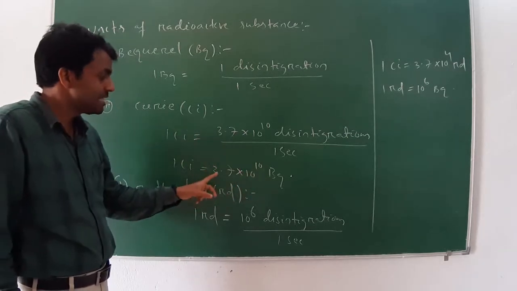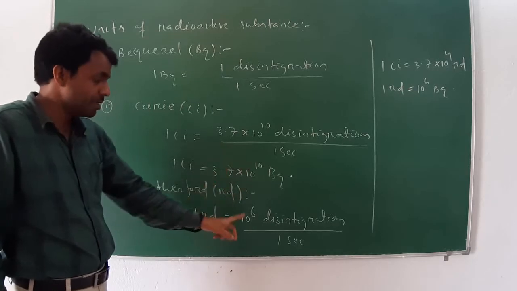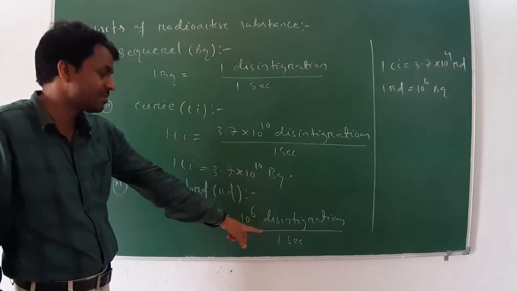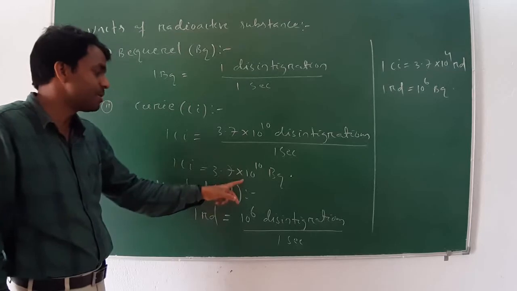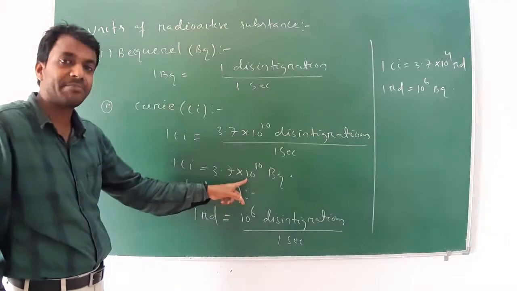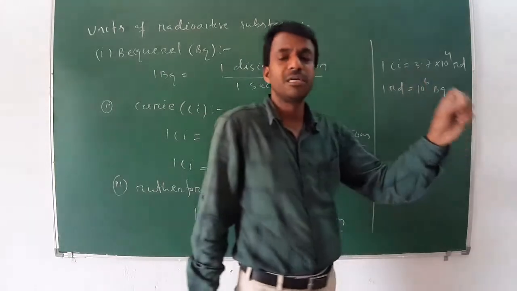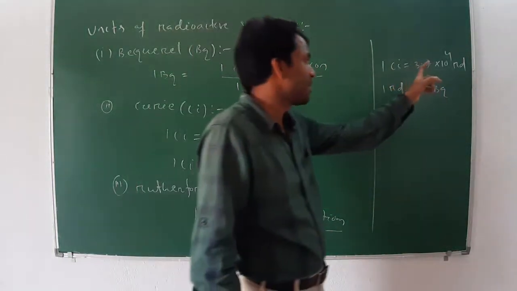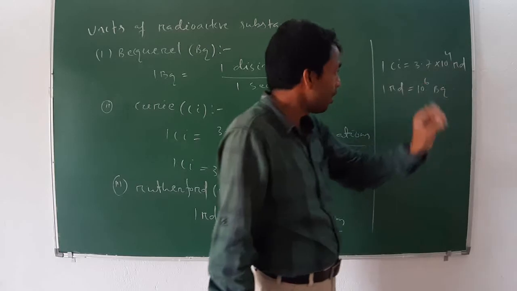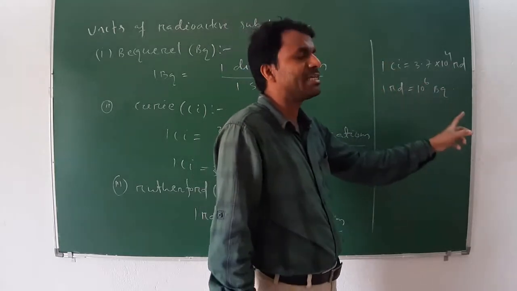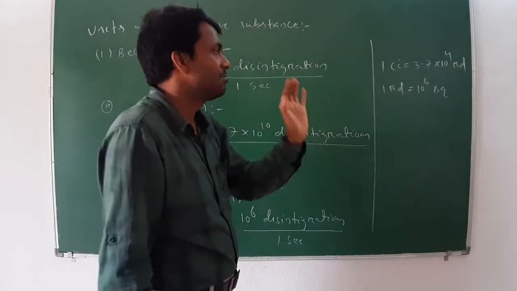Since 10 to the power 6 disintegrations per second is Rutherford, dividing by 10 to the power 6 gives 10 to the power 4. So 1 Curie is equal to 3.7 into 10 to the power 4 Rutherford, or 1 Rutherford is equal to 10 to the power 6 Becquerel.